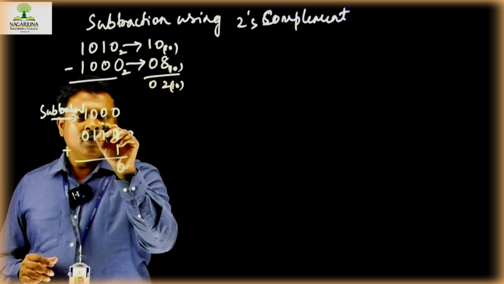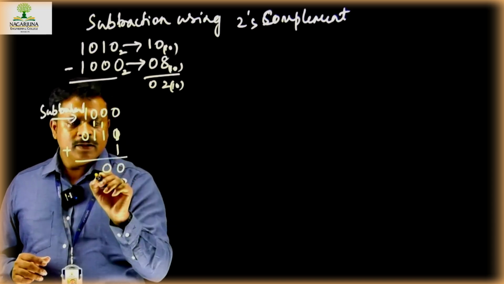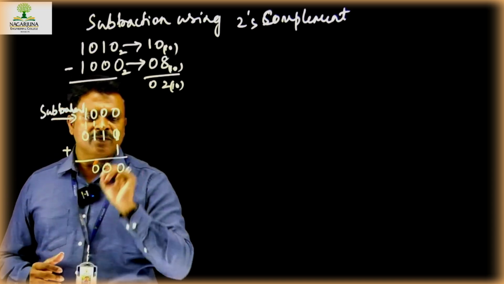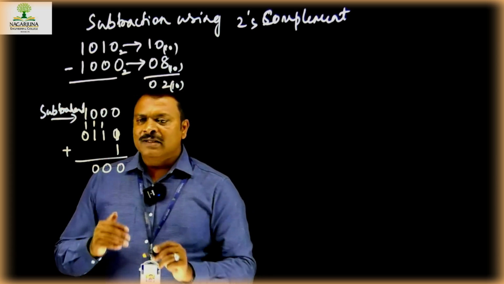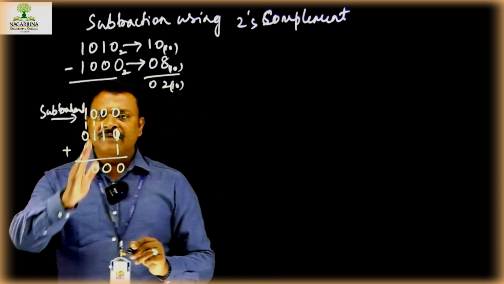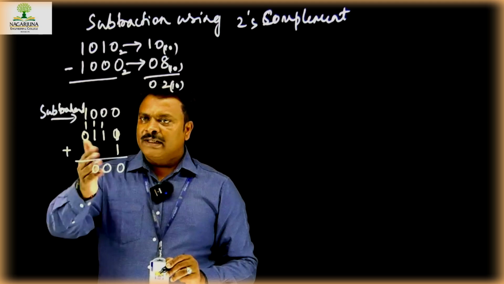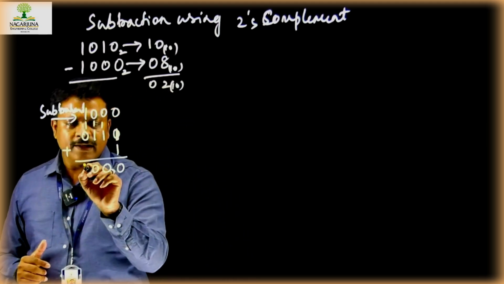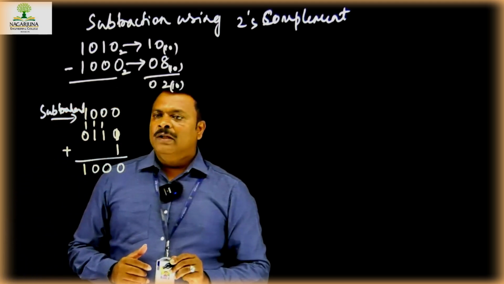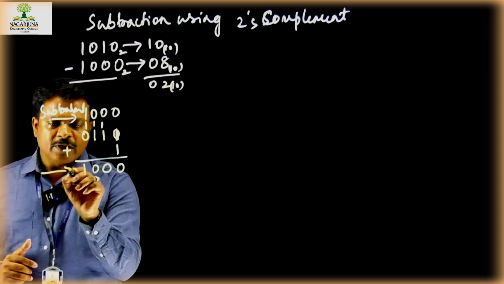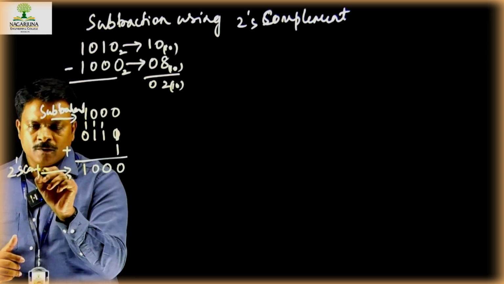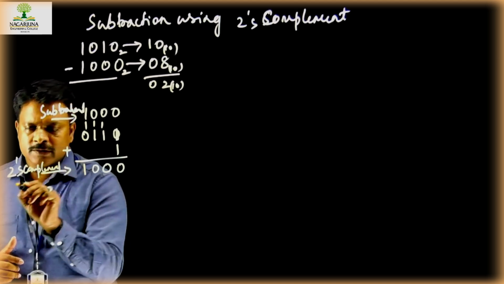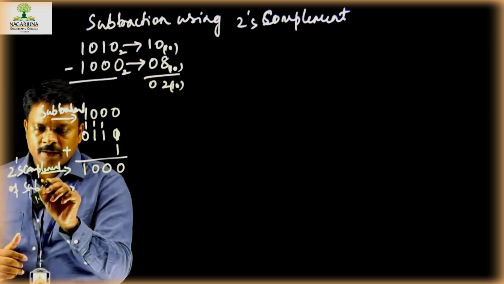So 1 plus 1, sum is 0, carry is 1. Again 1 plus 1, sum is 0, carry is 1. In the same way for the third one, it is 0 and carry is 1, and the last one is only 1. So whatever you got is your two's complement of the subtrahend.